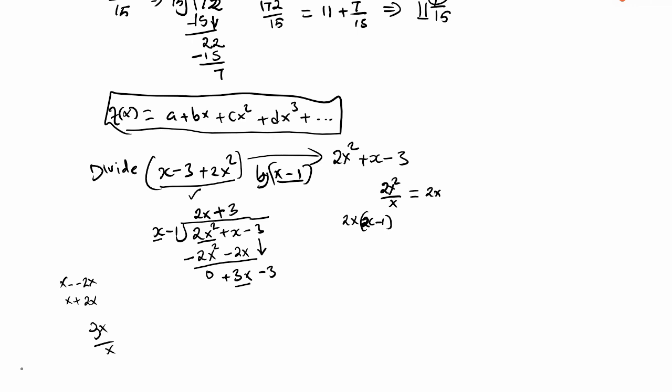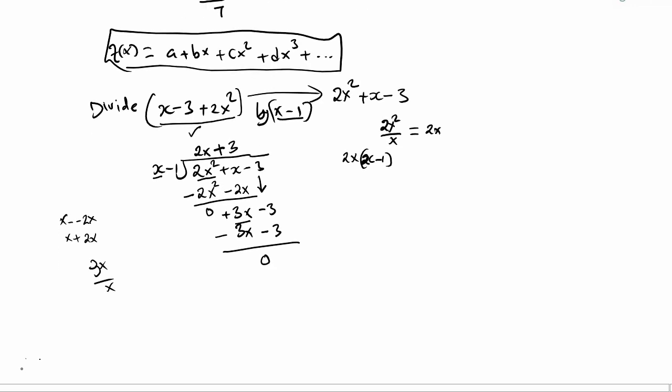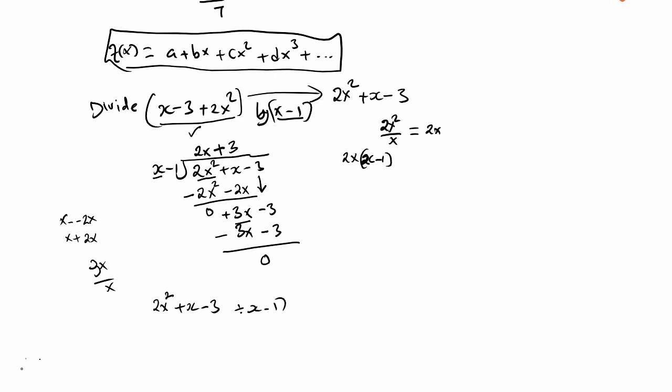Now x minus 1, which is the divisor, again multiply by 3, you get 3x minus 3. Again subtract that from the equation, you get a 0. So what does it mean? It means that 2x squared plus x subtract 3 divided by x minus 1 gives 2x plus 3 exactly.